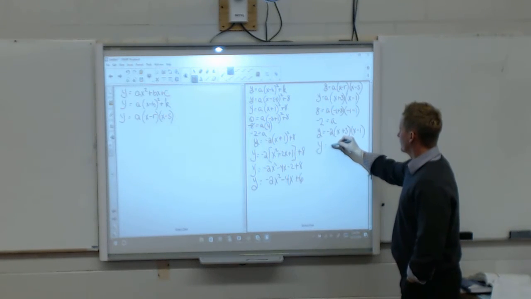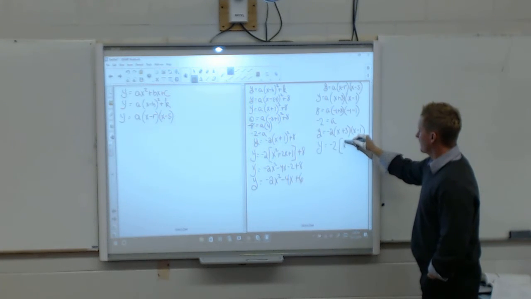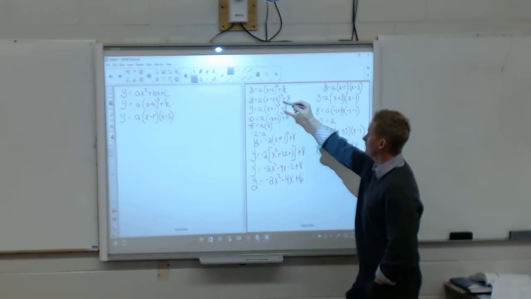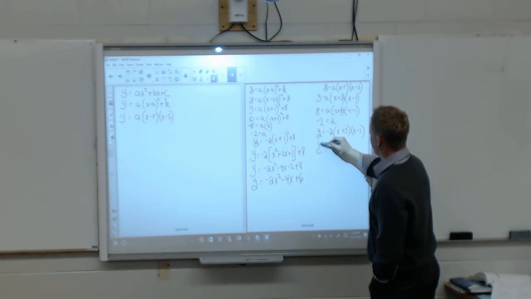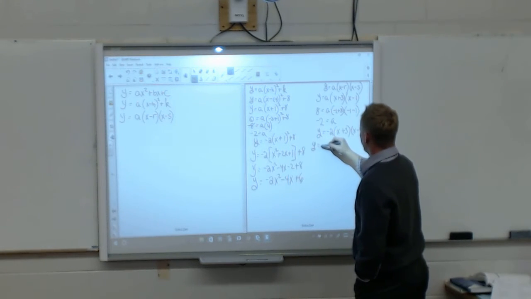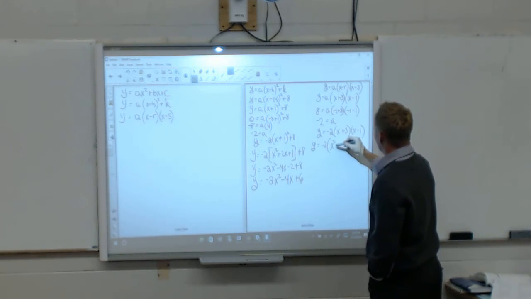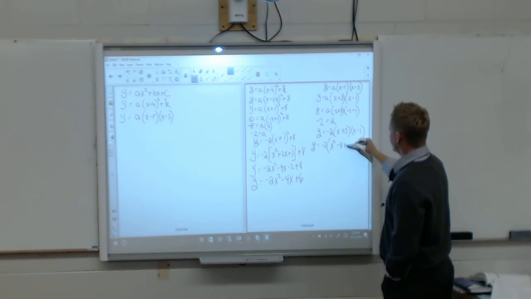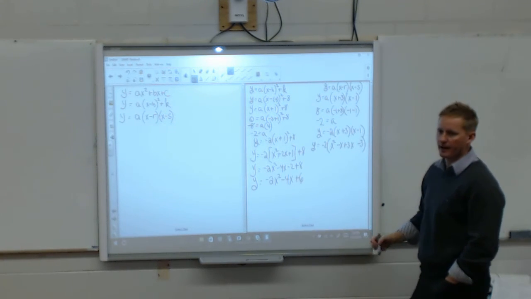Okay, let's do it right here too. y is equal to -2, I have to FOIL this. x squared minus 3x, oh sorry, that's wrong. y is equal to -2 times x squared minus x plus 3x minus 3.